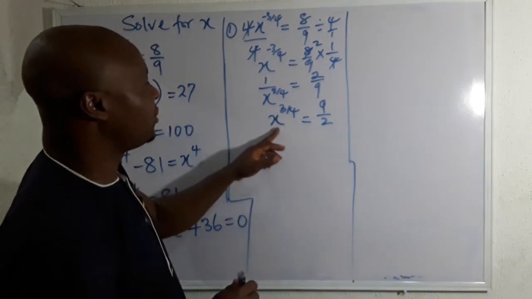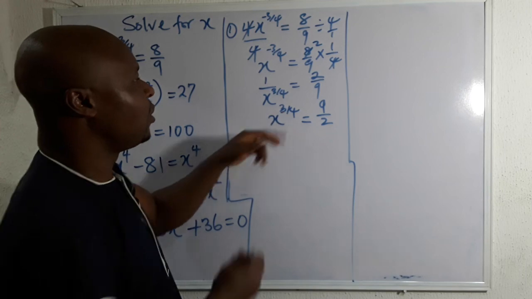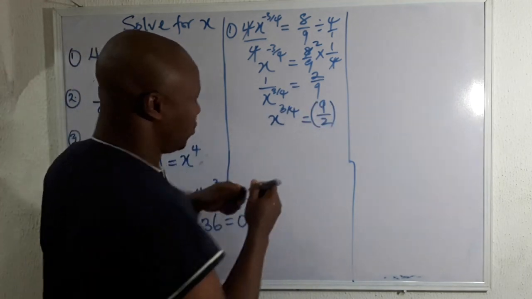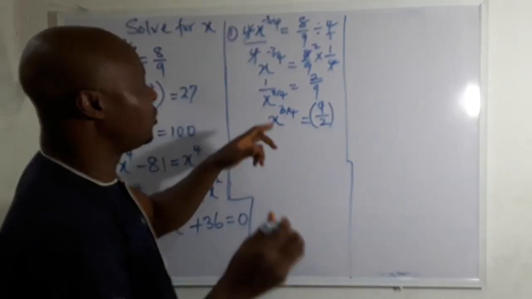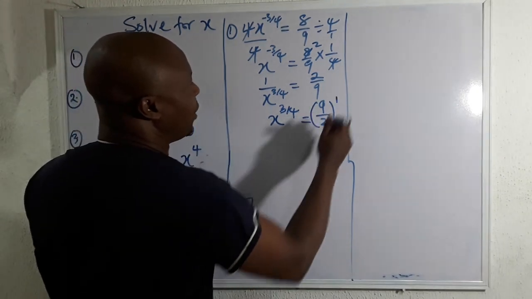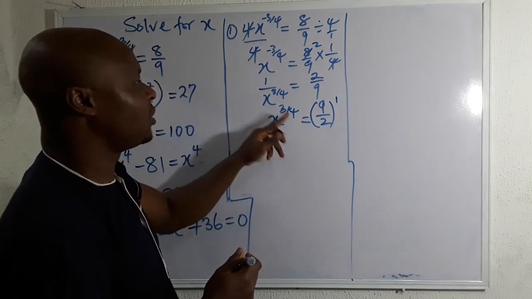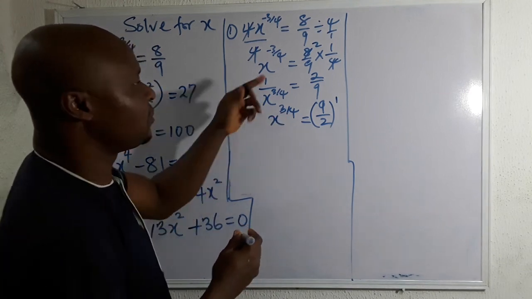Since we are interested in the variable x and the power is 3 over 4, we look for what to multiply the power with so that it gives us just 1, and we do that to both sides. The fraction that multiplies 3 over 4 to give 1 is the inverse, which is 4 over 3.